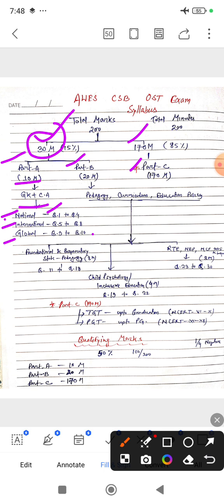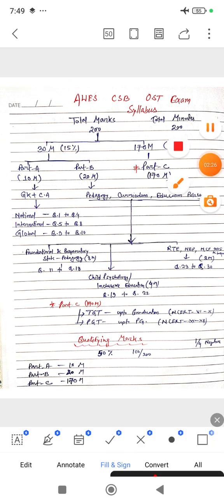This 10 marks is divided into three parts: 4 national level questions, 4 international level questions, and 2 global level GK and current affairs questions, total 10 marks.